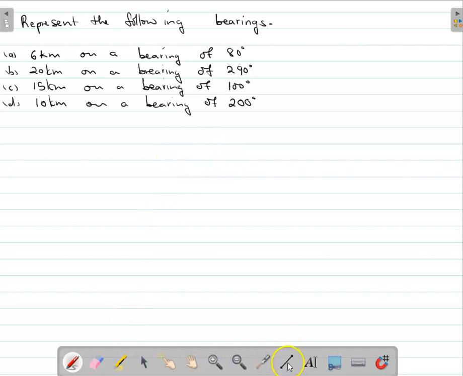So, in every situation, you start with your north. You can start with your north like this, and then put your horizontal line for the west and east. You can do whichever way helps you understand better.